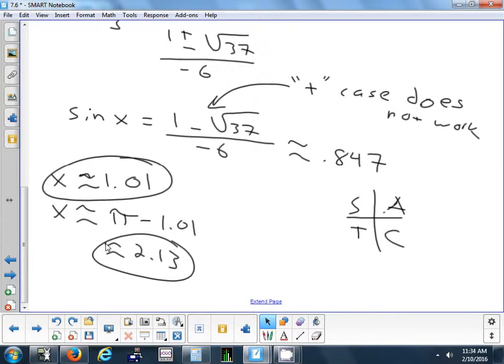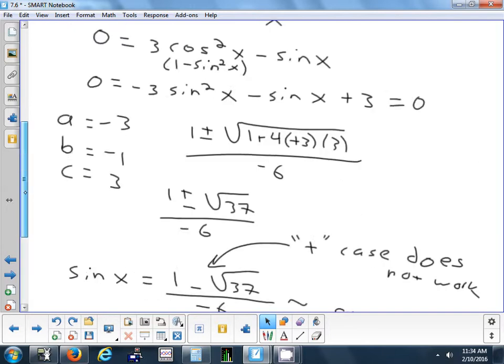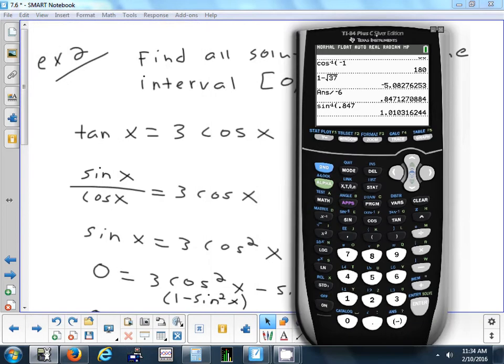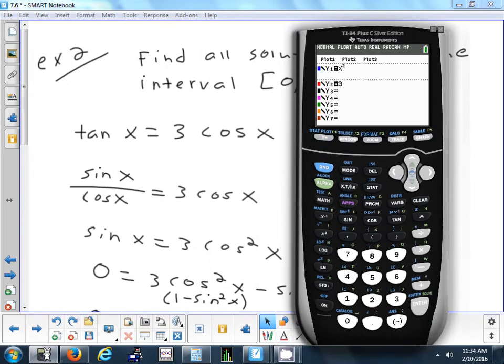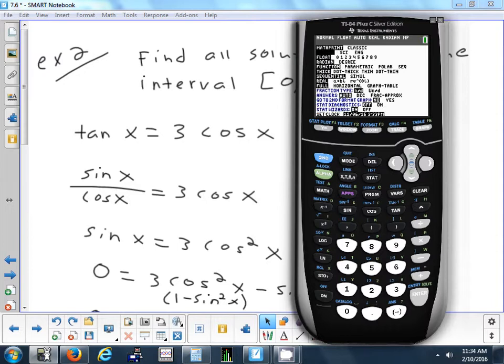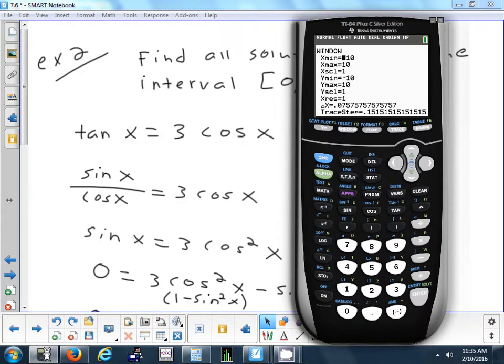Now I'll graph it and make sure that by multiplying by cosine, we didn't mess anything up. Just graph it the way it is. So tangent x, 3 cosine x, and 0 to 2 pi.